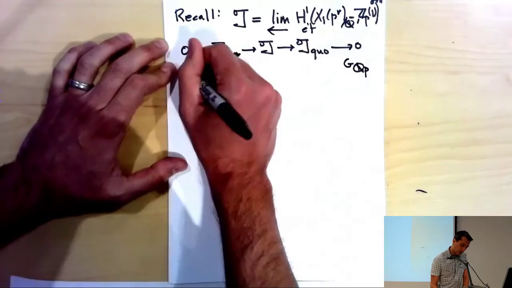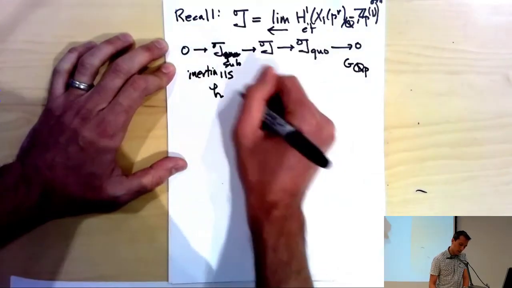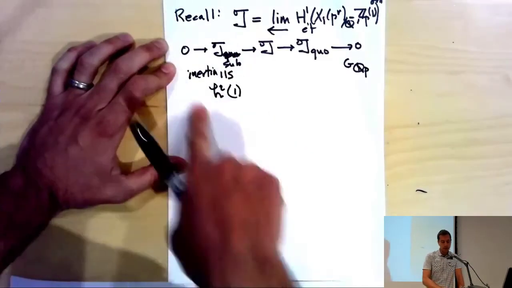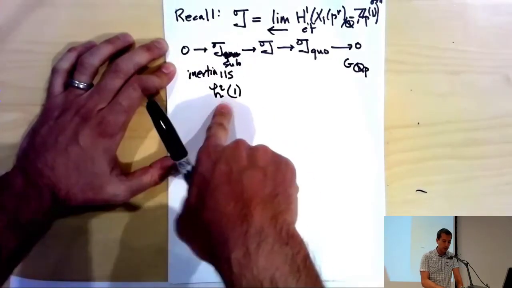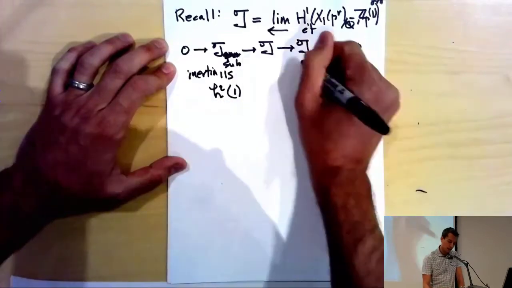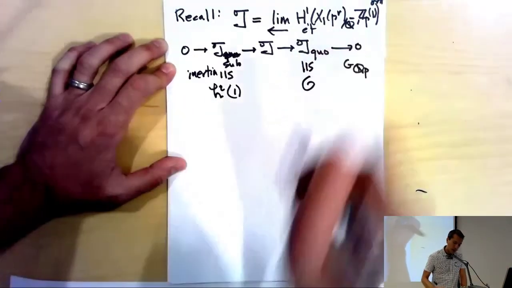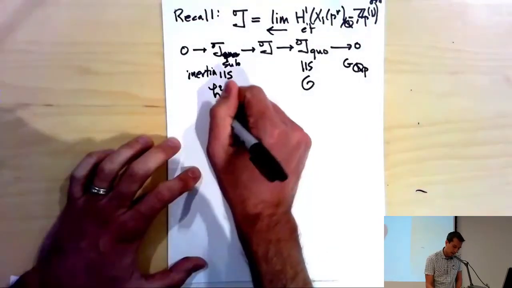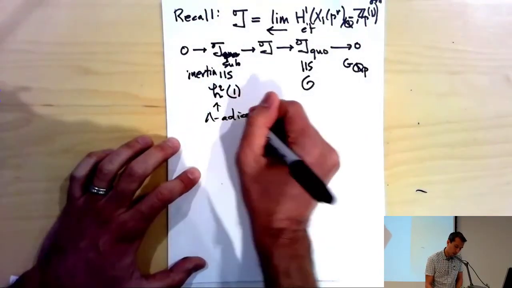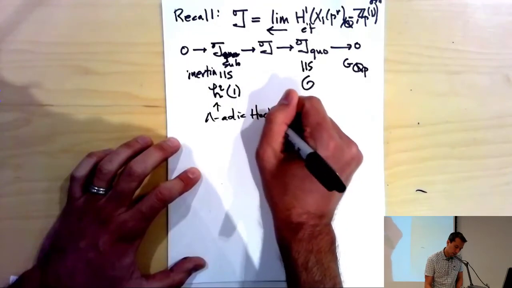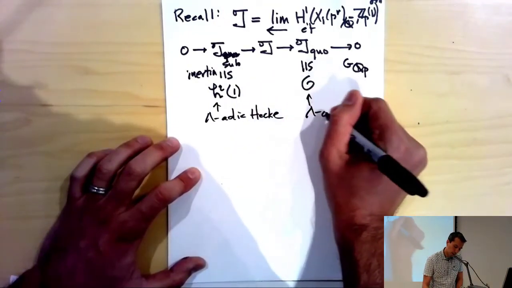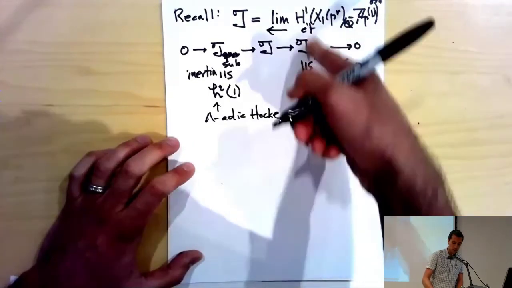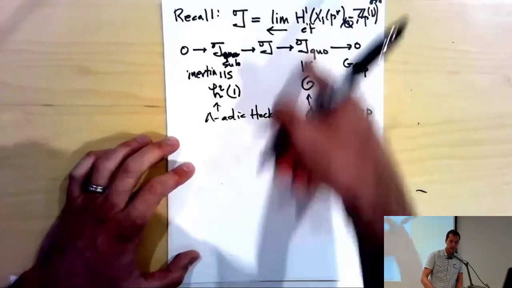On inertia, this thing was H as a Galois module, and then as a Hecke module it had some twisted Galois action, and this thing was just the Lambda-adic cusp forms, right? So this is the Lambda-adic cuspidal Hecke algebra, and this is Lambda-adic cusp forms. This was as G_{Q_p}, or as modules on inertia, just trivial action.